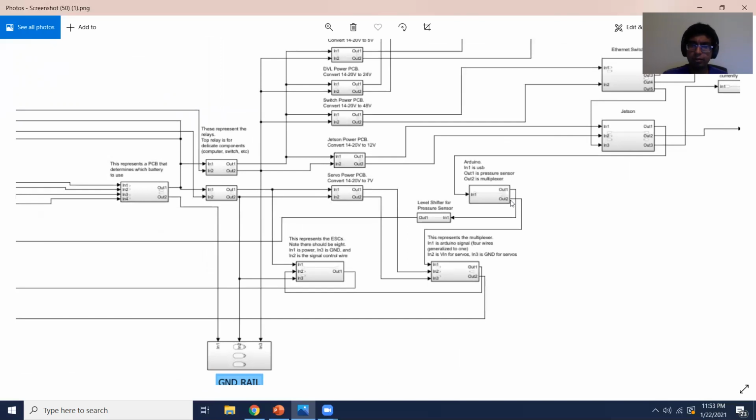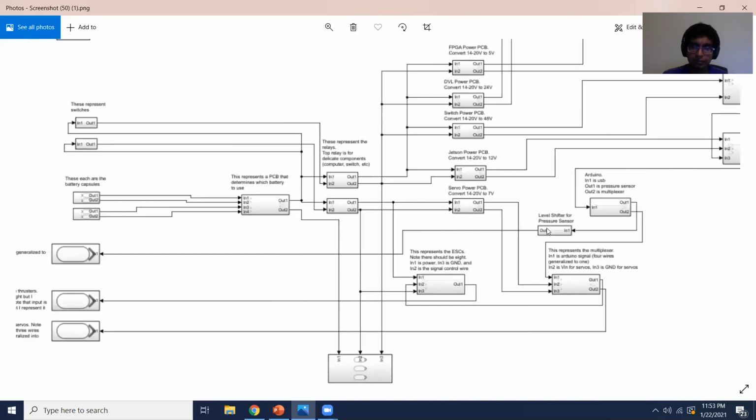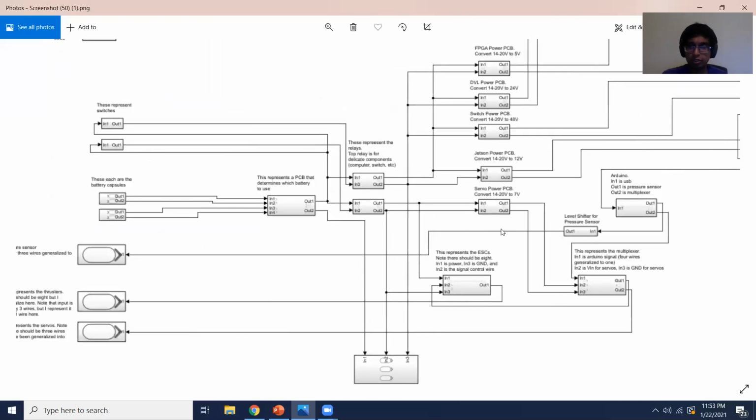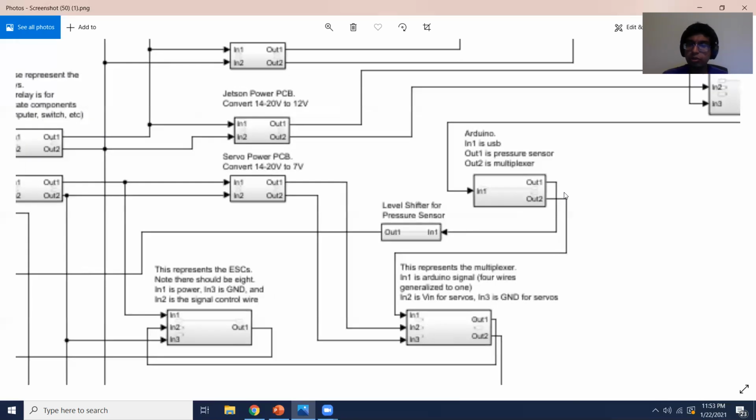We connect one of the I2C ports to the level shifter, and then the level shifter to the pressure sensor out here, which is outside the robot, measuring the pressure. Both of these use I2C as their communications protocol, so we just connect them together. It's not represented as such here, but you would just connect them and split it out between the 2.